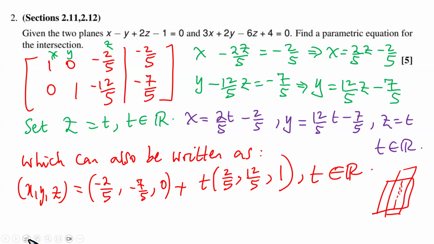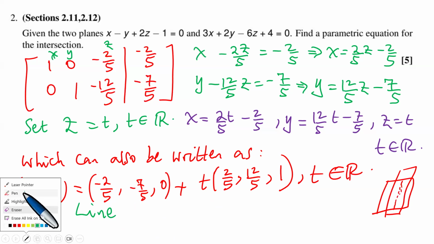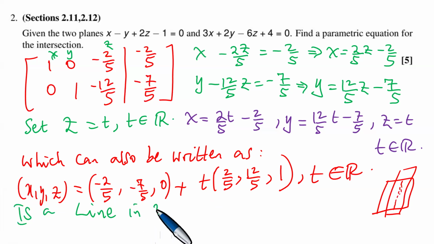So the planes intersect, and what they yield is a line in 3 dimensions.